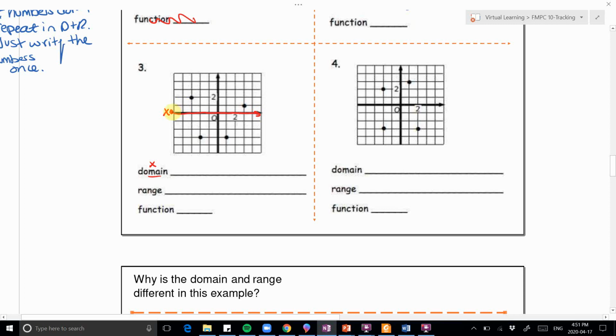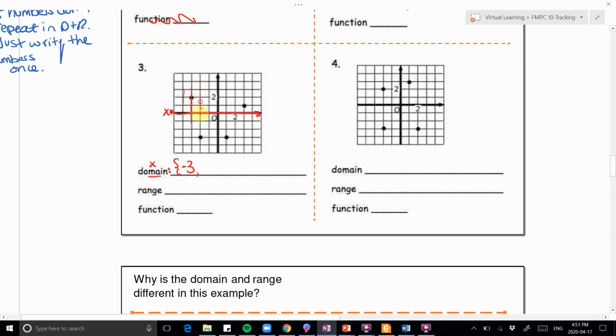So I'm starting, and as I move along my x, I check my line. Do I have any points? Nope. What about here? Yes, I have a point. So this is going to be part of my domain. If I count, that's 1, 2, 3. So if I'm looking at my domain, -3 is a possible value. And then I keep going to my next line.